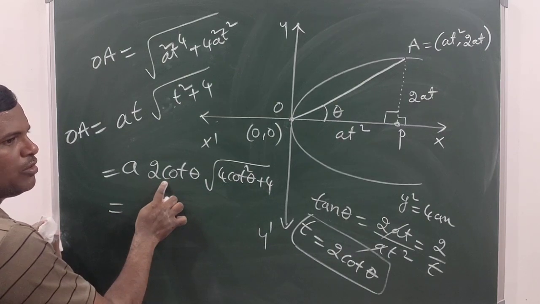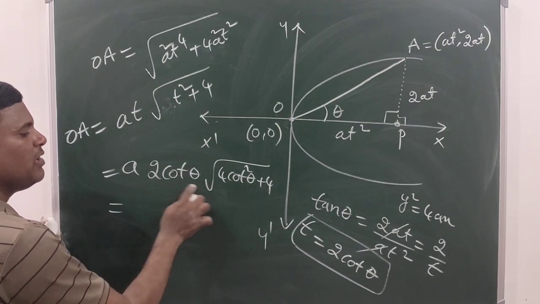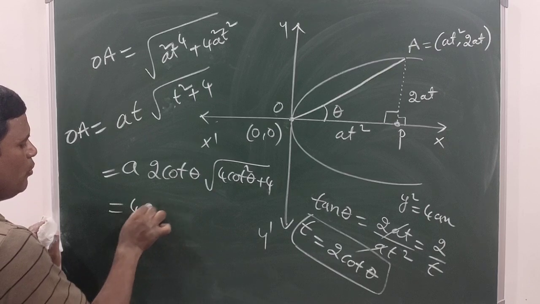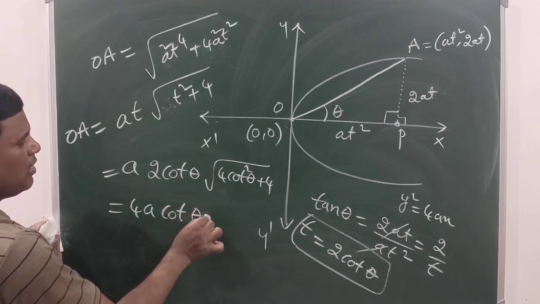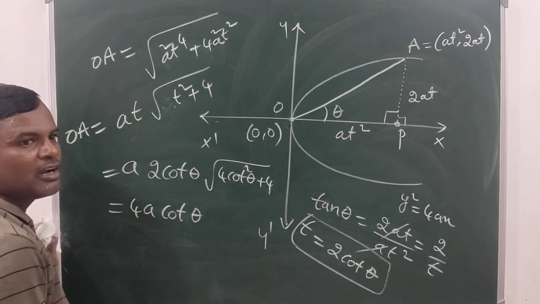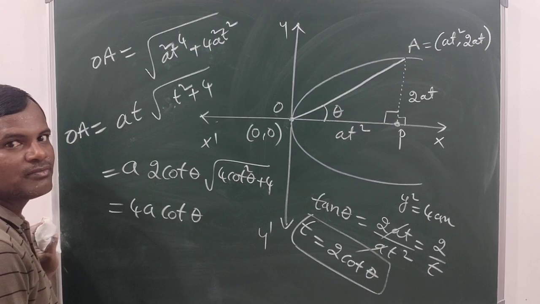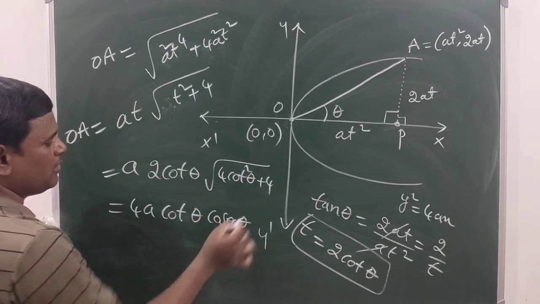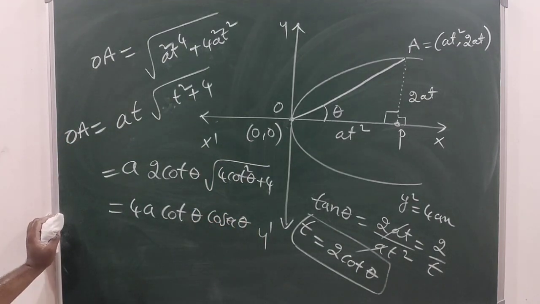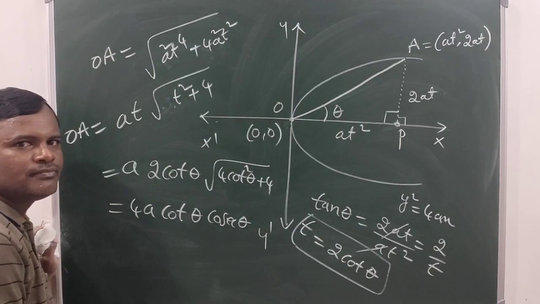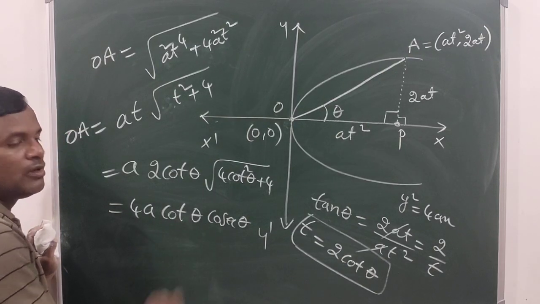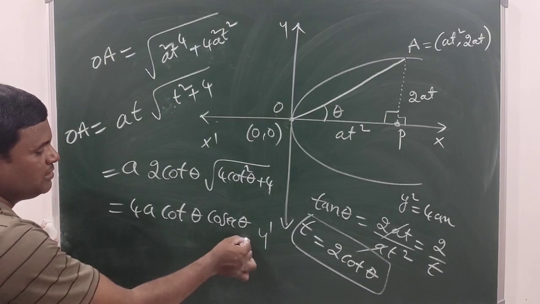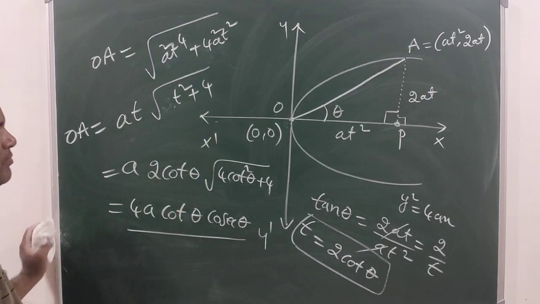When it is coming out, it will get 2. 2 2 is a 4. 4a cot theta, inside cot square theta plus 1, that is nothing but cosec square theta. So square root cancels, 4a cot theta into cosec theta is the length of that OA.